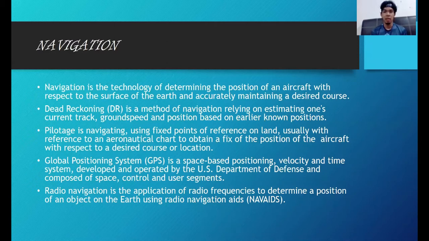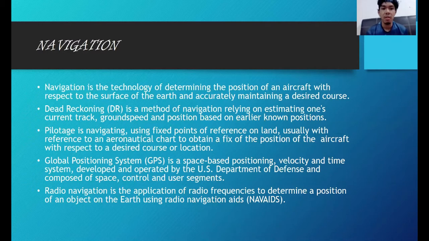The pilot will look for landmarks such as a river, sea, airport, or anything to determine their current location. The disadvantage of this method is that at high altitude it is sometimes hard to see the reference points on the land, which is quite a disadvantage for the pilot.